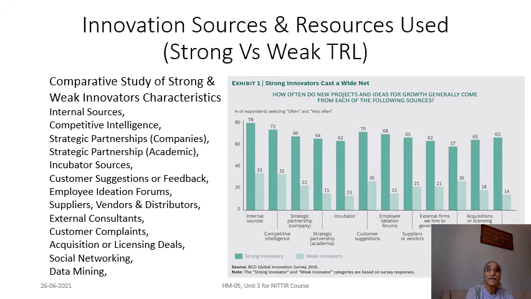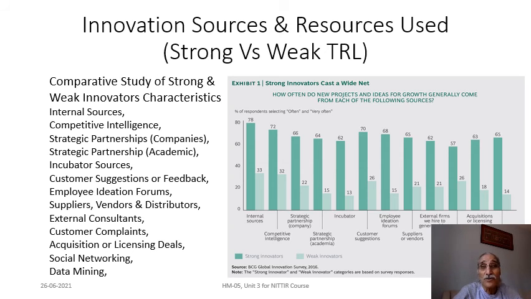So how does innovation get absorbed based on these technology readiness levels? Here we are trying to talk in terms of a company which has a very strong technology readiness level and is able to absorb technology very fast versus a weak one. What are the requirements?